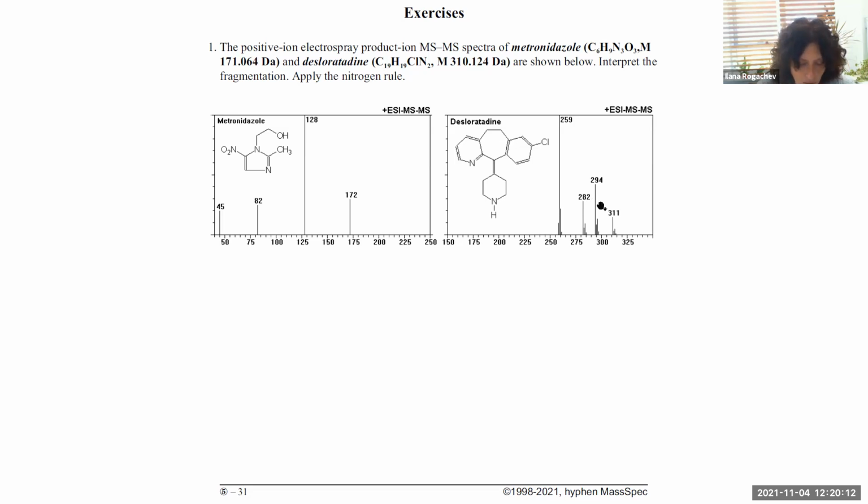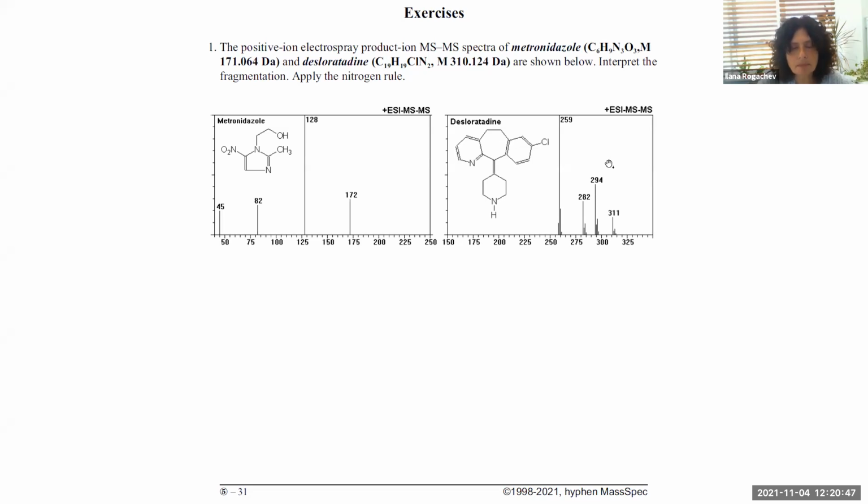And the next one will be loss of chlorine radical to produce 259. So from the 294, we can see the loss of the Cl dot. Yes. And if you carefully look at the spectrum, you see that there's competition between the loss of the Cl dot and the loss of HCl, because there's a 258 here as well, which is consistent with the HCl loss from the 294, the peak in front of the 259.